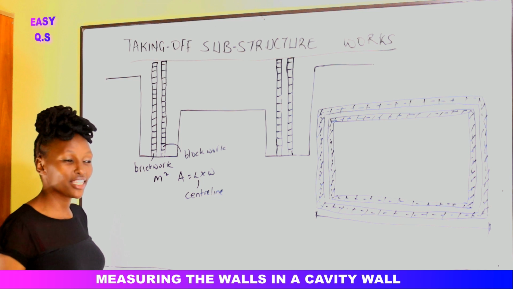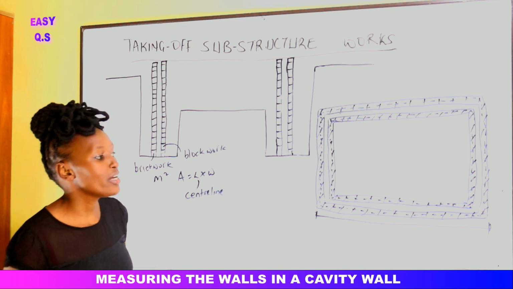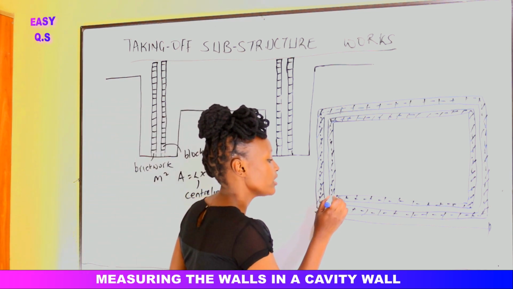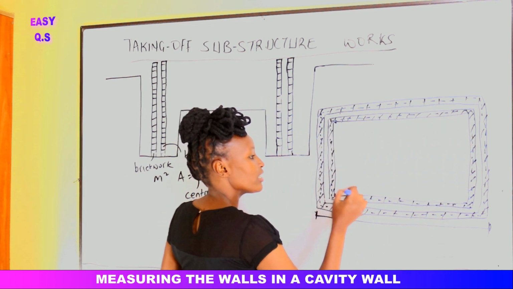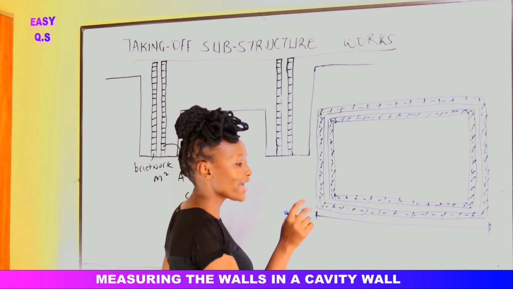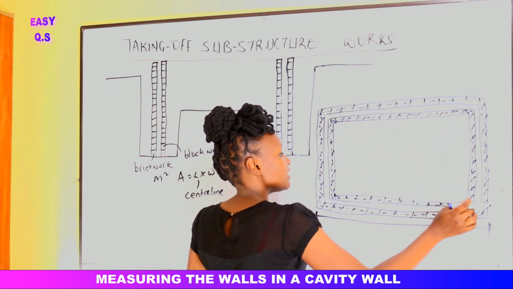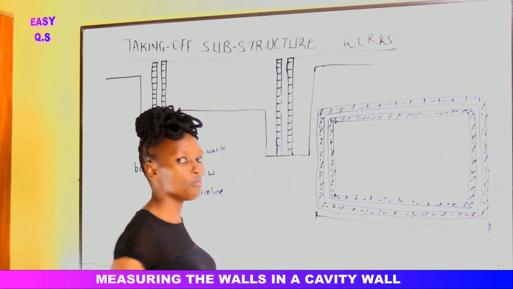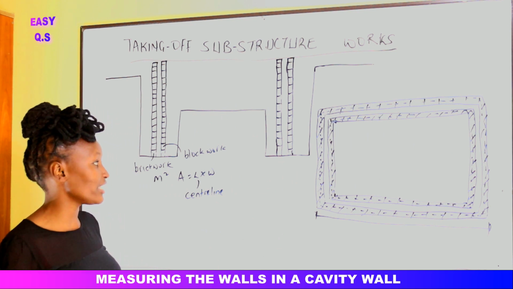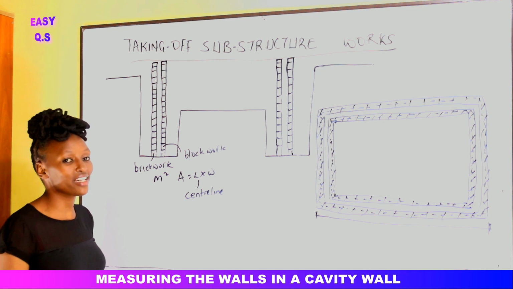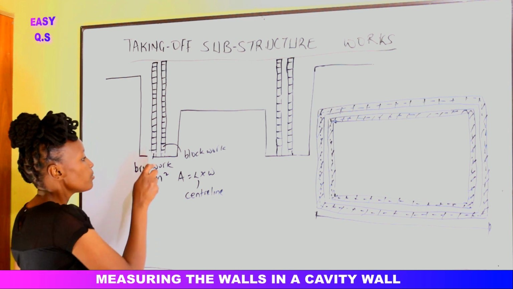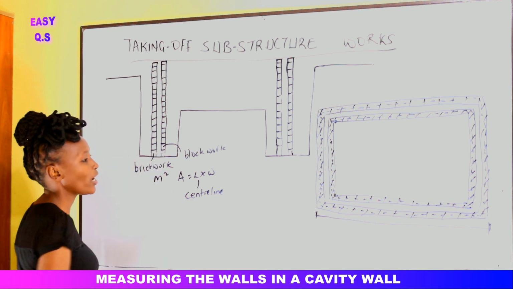Alright, so we shall get the area of the blockwork. So assuming we have the internal dimensions of this house, we can take the internal perimeter, then we add number of corners times the thickness of the blockwork, so that we can get the center line of the blockwork. So that is how we find the areas of both walls, the brickwork and the blockwork.